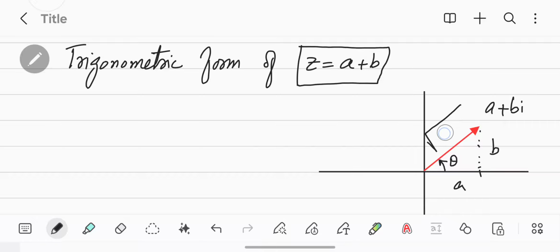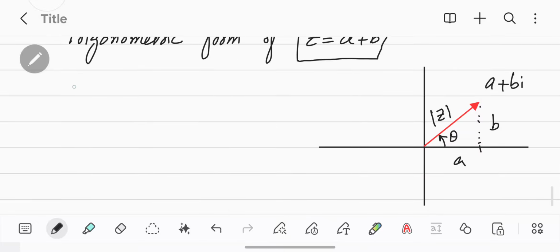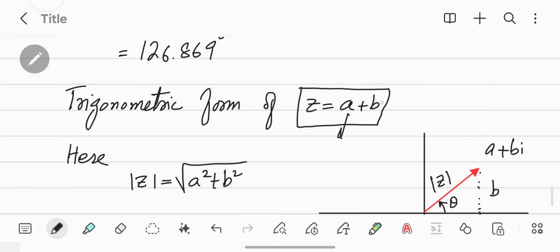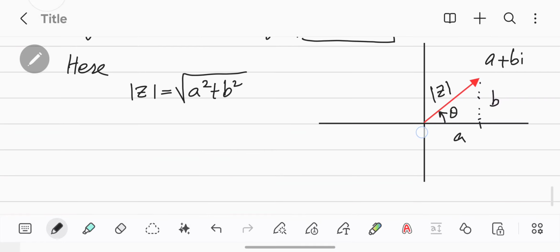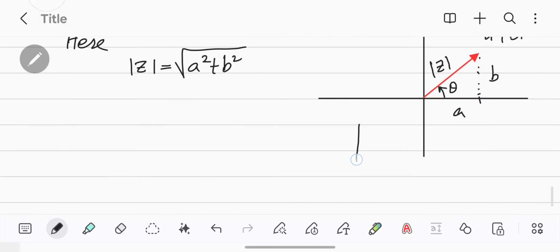If you want to write it as z mod, that means z mod is again the same thing: z mod is the square root of A square plus B square. Okay, the square of the real part plus the square of the imaginary part. So in this triangle, this length is A, this length is B, this length is mod of Z.